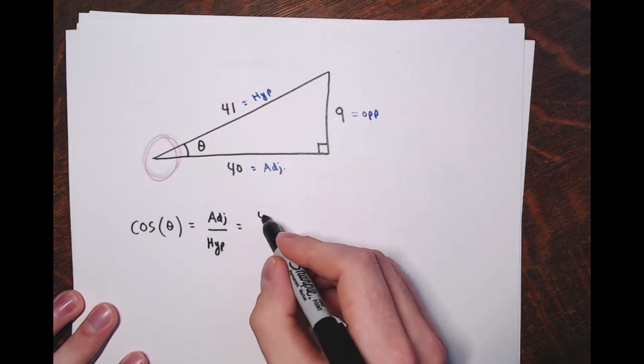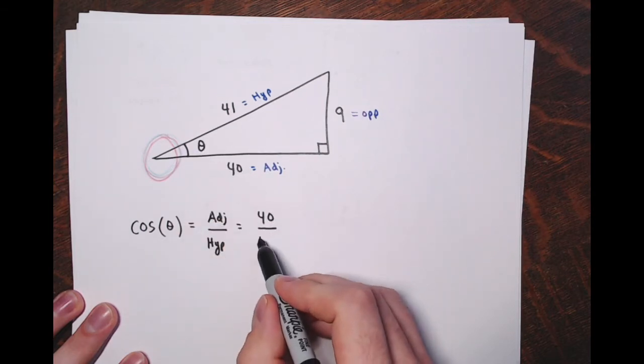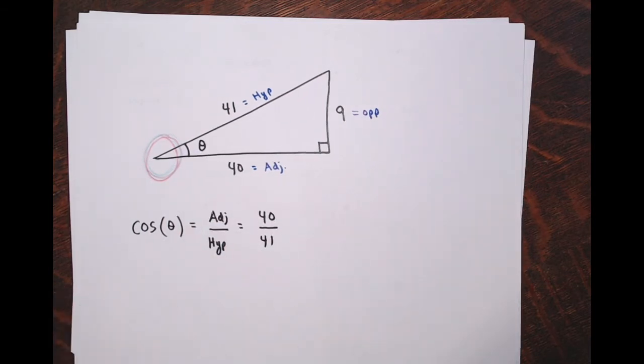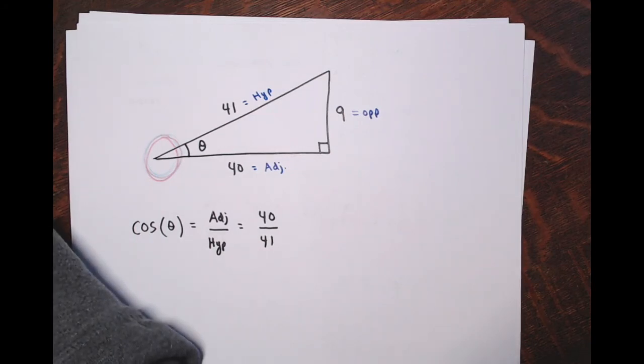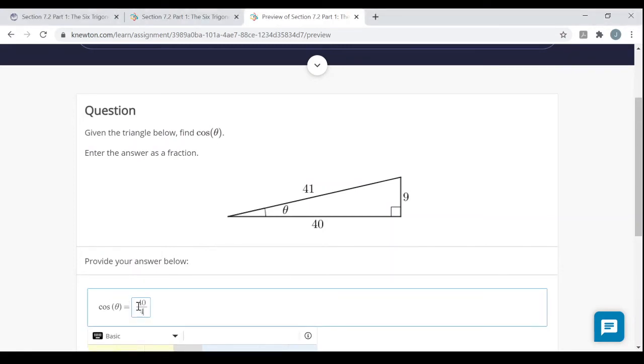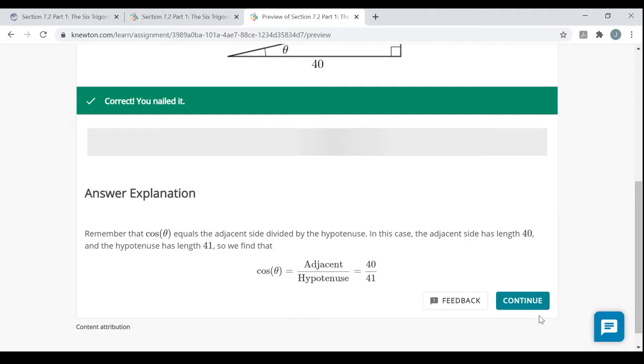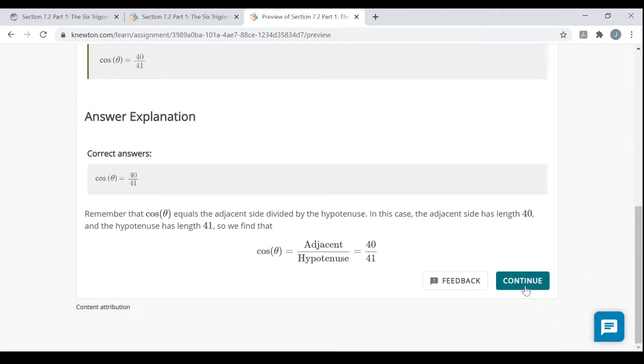Side adjacent to theta is 40, and the hypotenuse has length 41. It says enter the answer as a fraction, so 40 over 41.